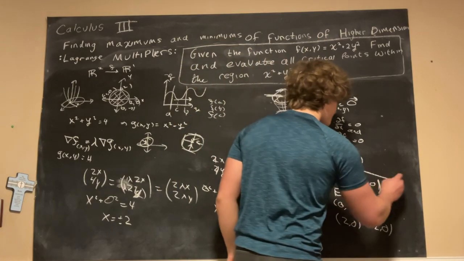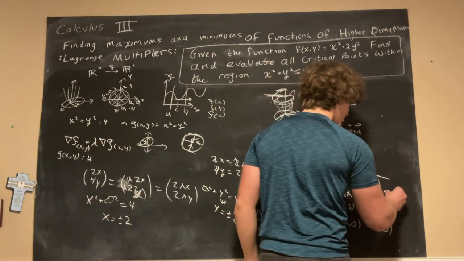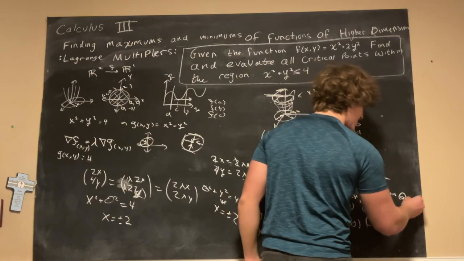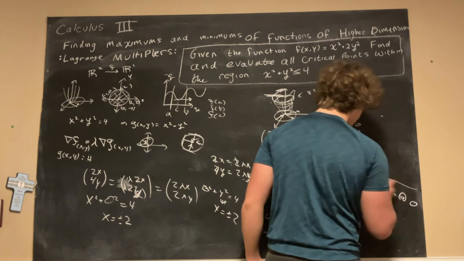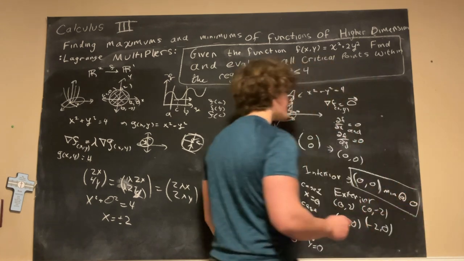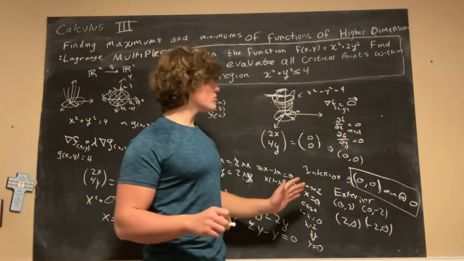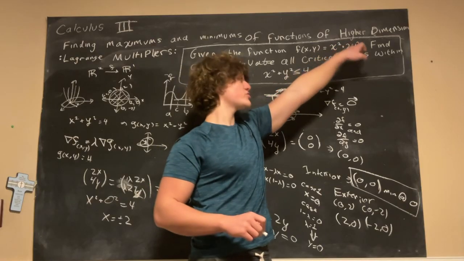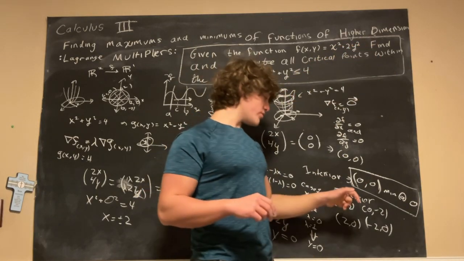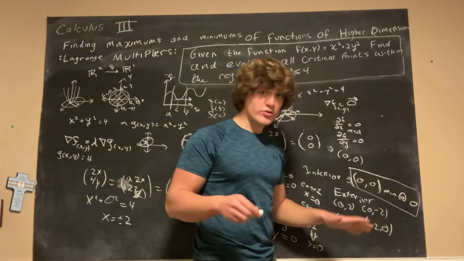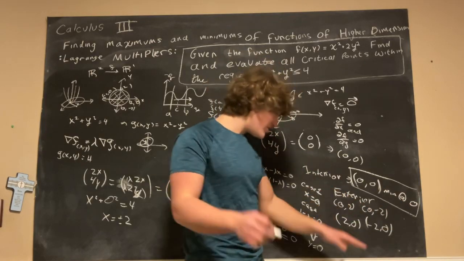So this is our minimum, and that is at 0. F is equal to 0. Then we can also see that since the 2y squared has this multiplier of 2 making it larger, the points that have a y value are going to be our maximums as they are multiplied by 2.